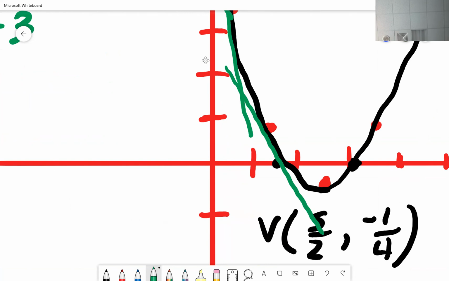Does that make sense? In fact, the function on the left of that vertex is always going downward. It's decreasing. Every x value I pick to the left of that vertex will show a negative slope, and we say the function is decreasing to the left of that vertex.